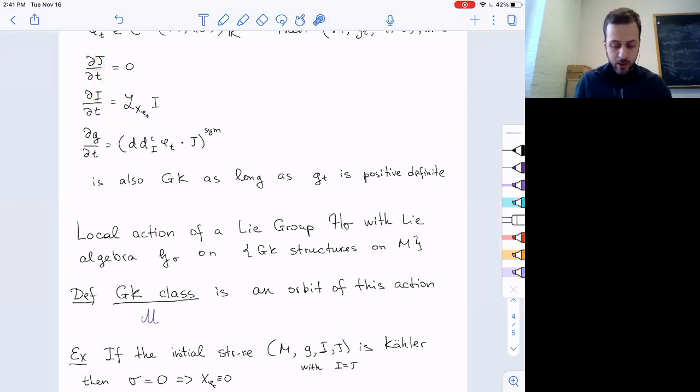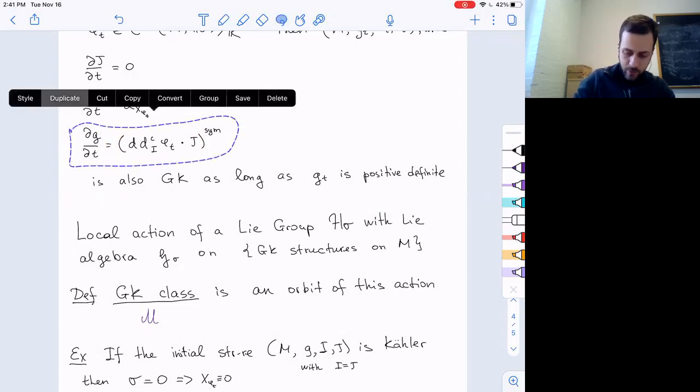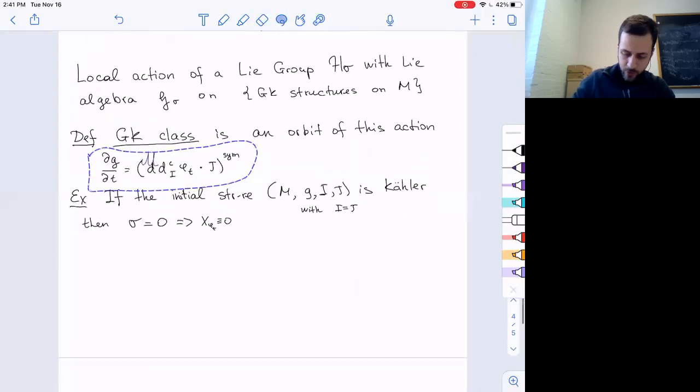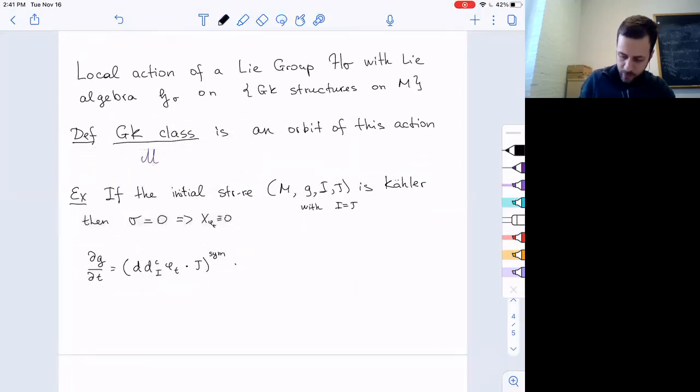And I equals J, and if we look at the way the metric changes, so remember I equals J, so this will be a symmetric tensor, and this evolution equation, maybe I'll just copy it, will be rewritten in the Kähler case as the variation of the 1-1 form being given by dd^c phi.